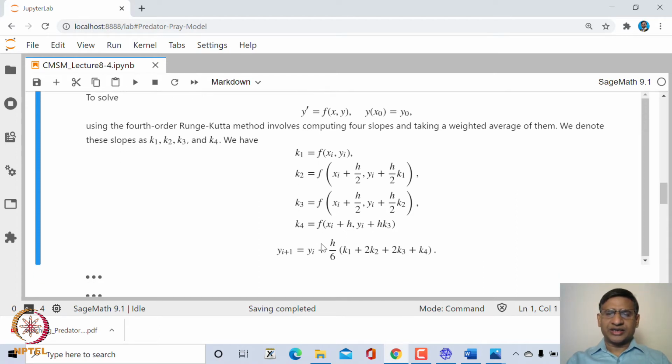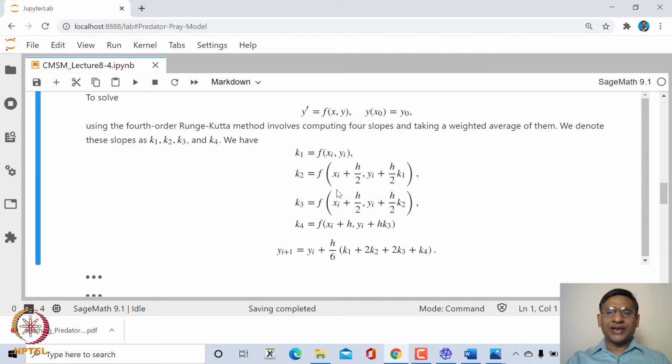Then we define the next approximation as yi+1 equals yi plus h by 6 times (k1 plus 2k2 plus 2k3 plus k4). One can also obtain this using Simpson's rule, but this is just a weighted average of k1, k2, k3, k4.